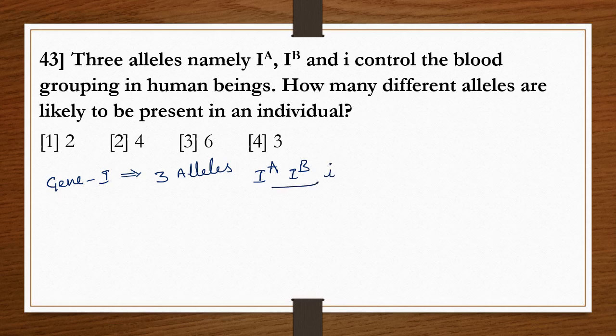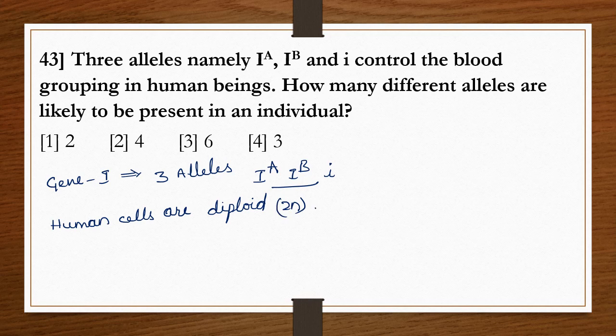As we all very well know, human cells are diploid, so that is the 2n condition.